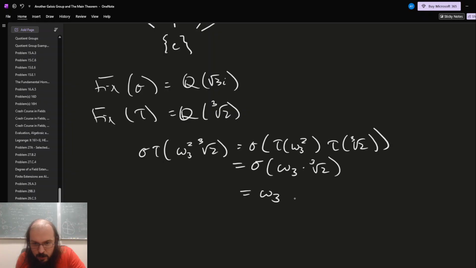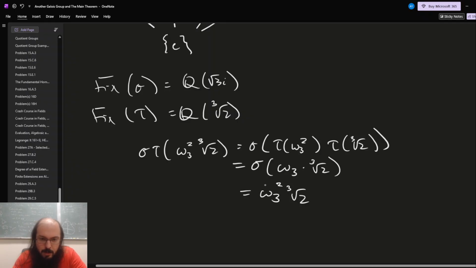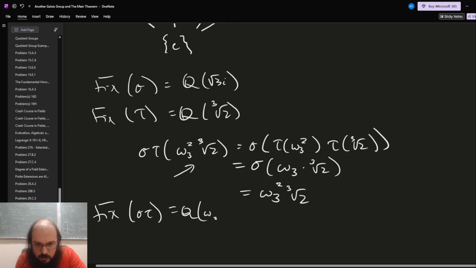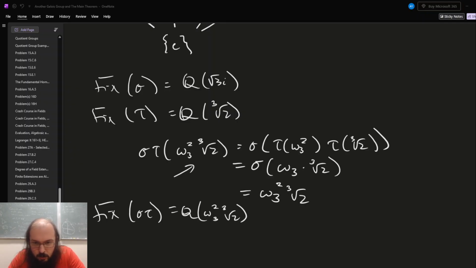So that part gets me an omega 3. And the cube root of 2 then was picking up an omega 3. It was our definition. So yeah, that works, right? We get back to what we wanted. Okay. So what that means is this thing generates the fixed field of sigma tau. Slightly complicated expression. My bad for not being a little bit more on the ball with this.